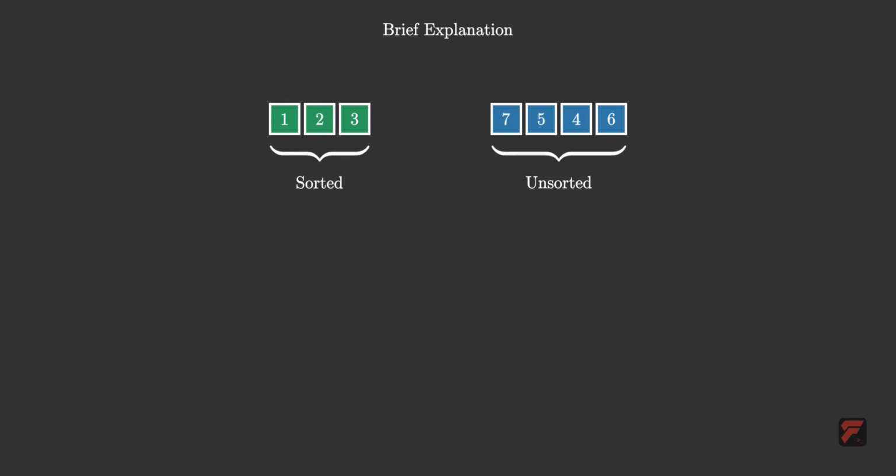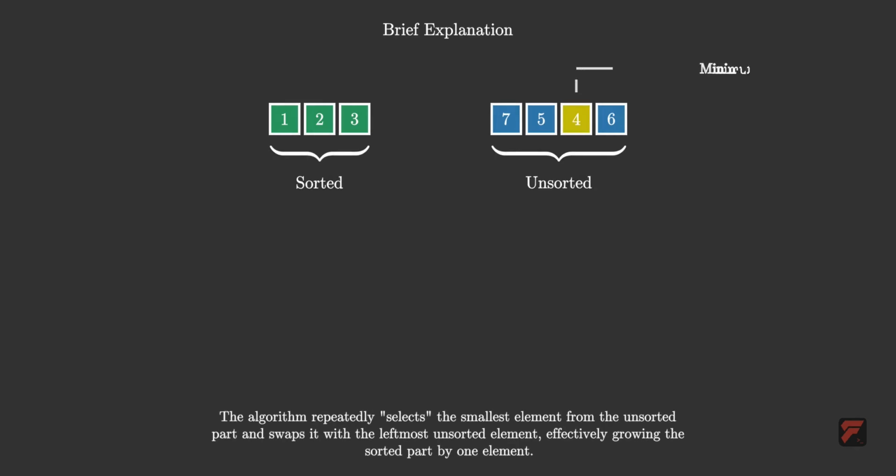Let's say the sorted part starts from the leftmost element, meaning the smallest element in this case. The algorithm repeatedly selects the smallest element from the unsorted part and swaps it with the leftmost unsorted element, effectively growing the sorted part by one element.